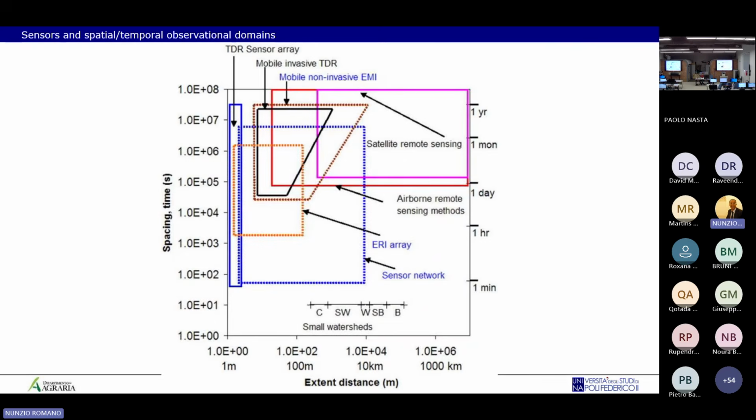We have in the x-axis the extent, the distance, and then the time. So you can see the different boxes. You have the TDR equipment, and then we have the sensor network.